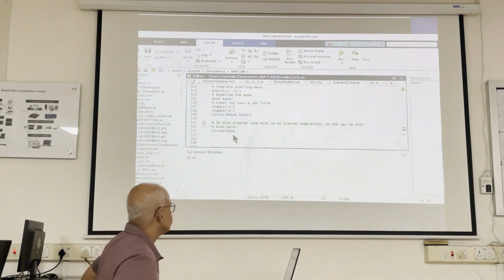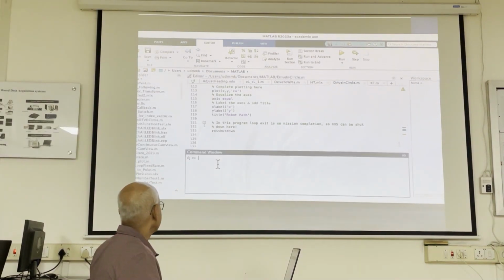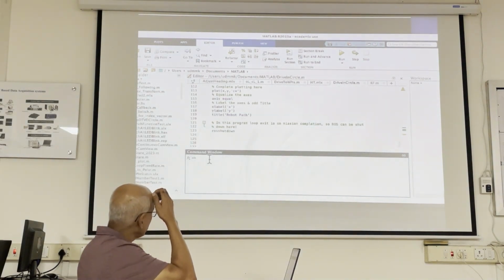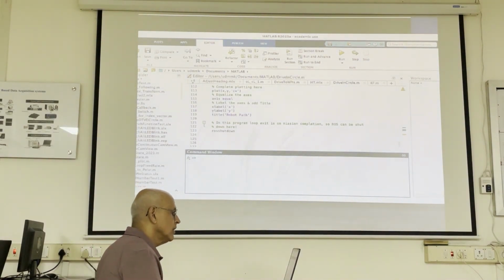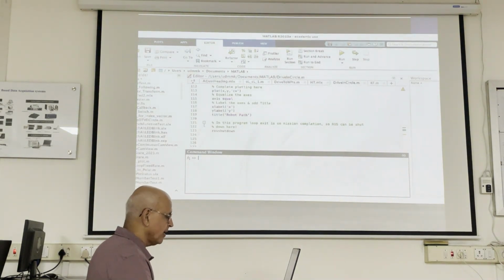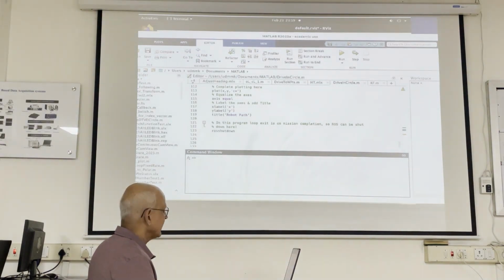So now we're going to run it. So let's get ready. So unfortunately the MATLAB screen is sitting on top of the Gazebo screen, so I'll have to flip it, hopefully just once and not back and forth. MATLAB, and then I can go to the screen. So I'm going to run it.